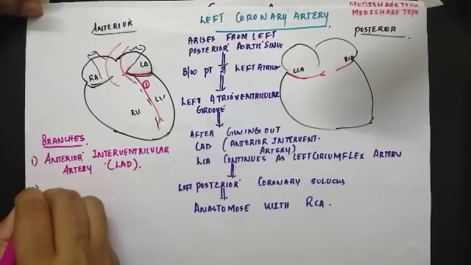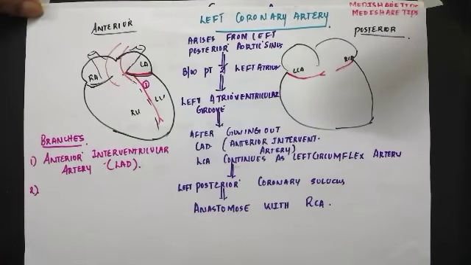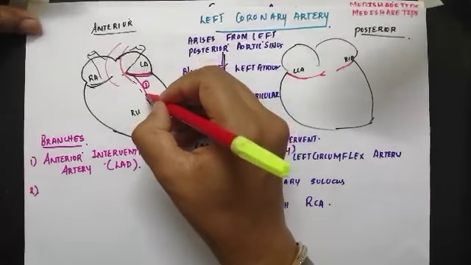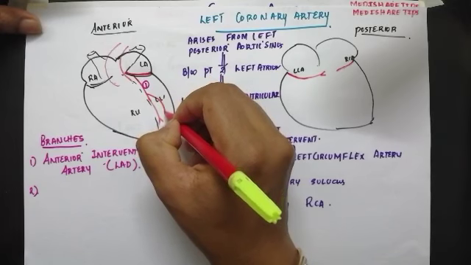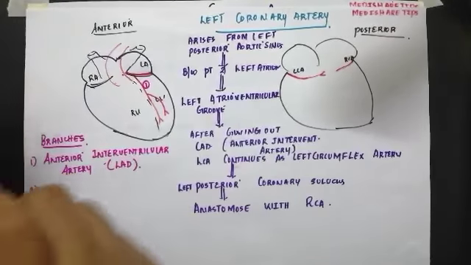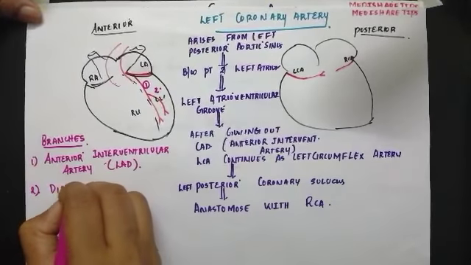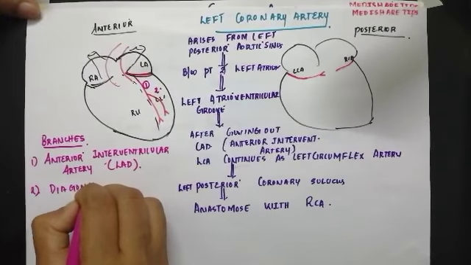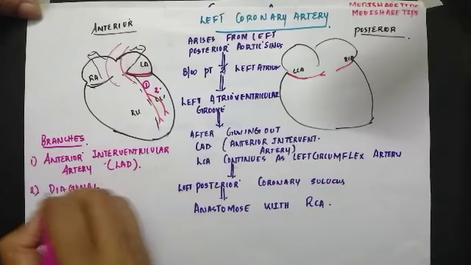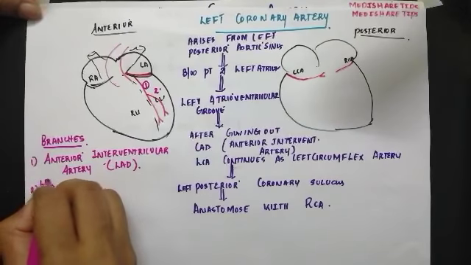And second one, it also gives out a branch which is known as the diagonal branch. It is labeled as 2, the left diagonal artery.